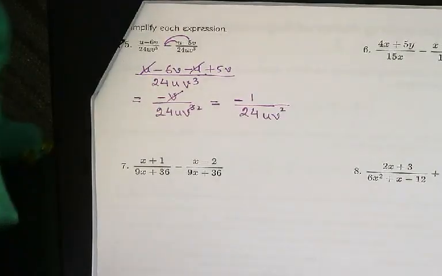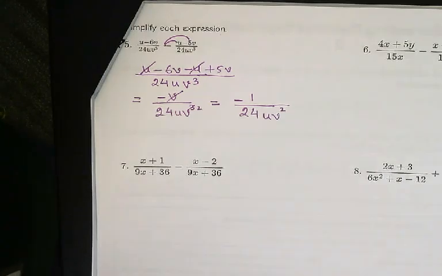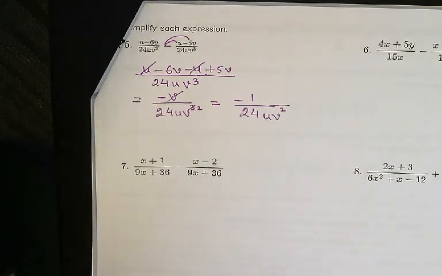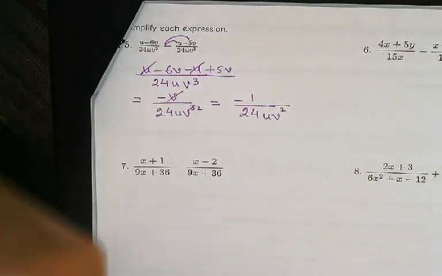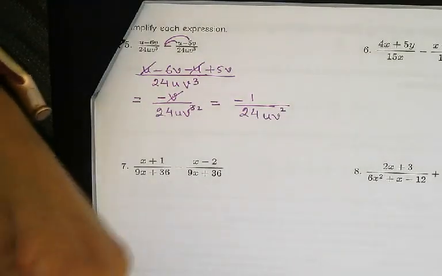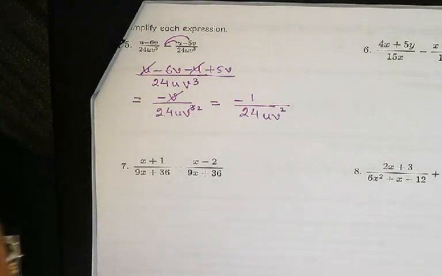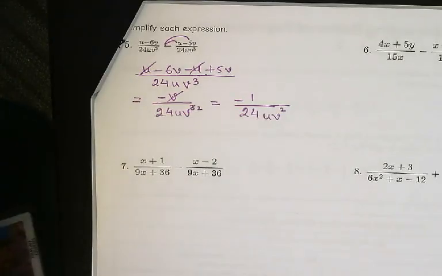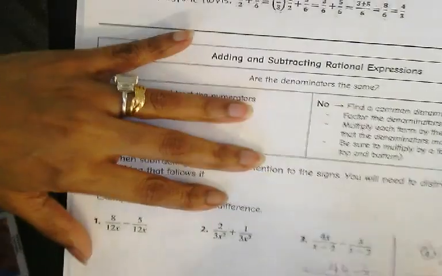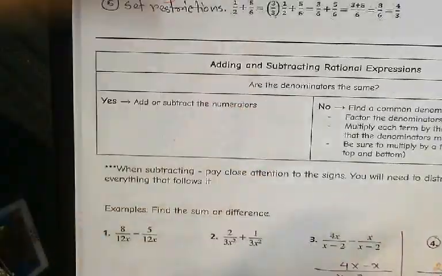Any question up to here? Are we good? Give me a thumbs up. Sure? Now pay attention for the restriction. We need to set up the restriction. If you have any variable in the denominator, you have to set up a restriction. I just didn't want to include it over here, but this one is also supposed to have a restriction.